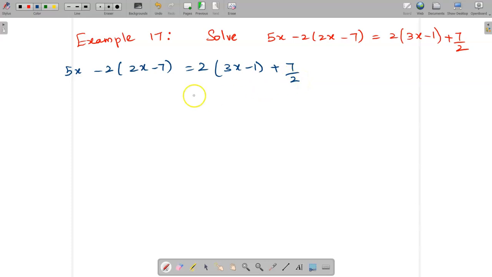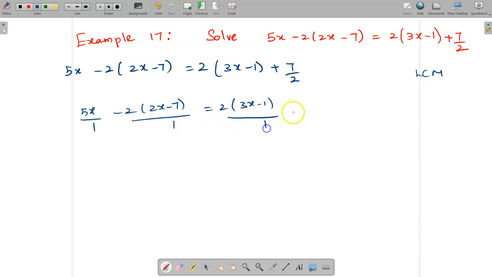So only one value is available, so by default we can write the LCM as 2. If you want, you can write 5x minus 1. In all the terms I have denominator as 1. So what is the LCM of 2 comma 1?